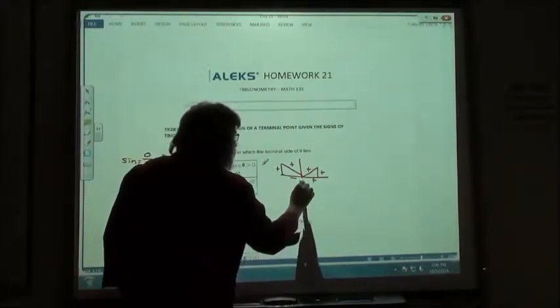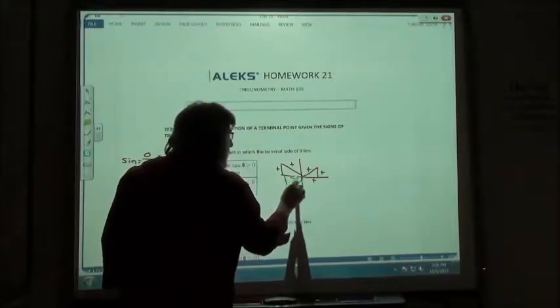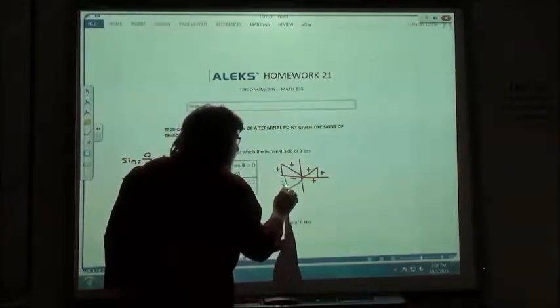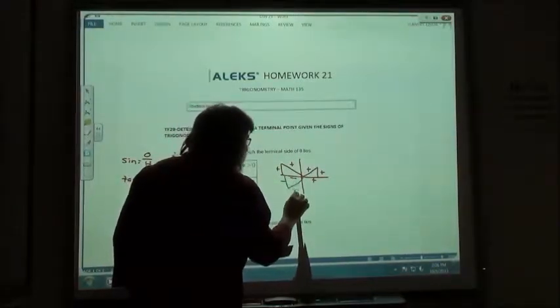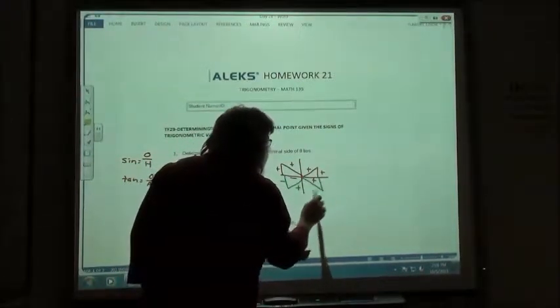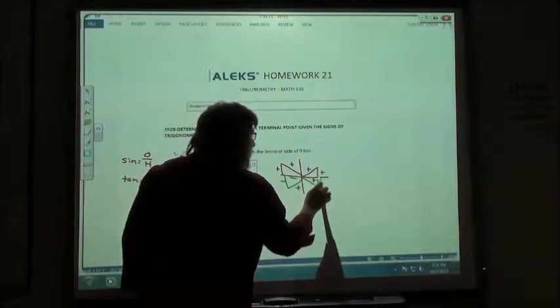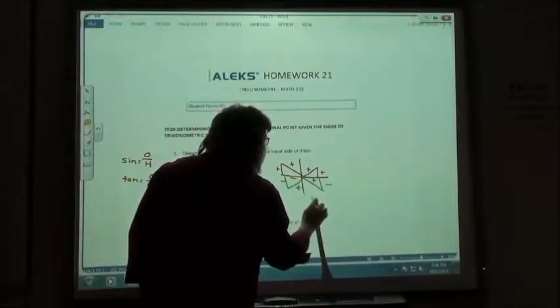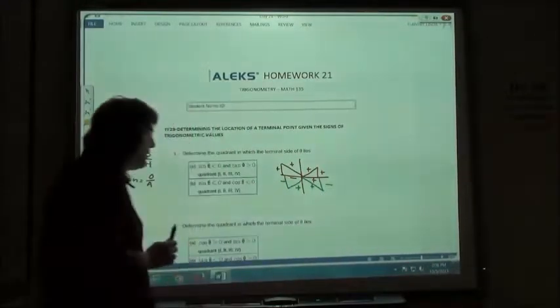If I do quadrant 3, the adjacent side is negative, the opposite side is negative, and the hypotenuse is always going to be positive. And if I do quadrant 4, my adjacent side is positive, but my opposite side is negative, and my hypotenuse is positive.